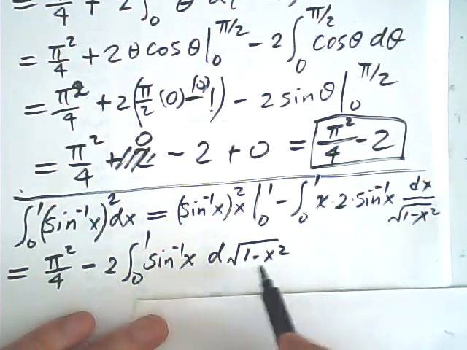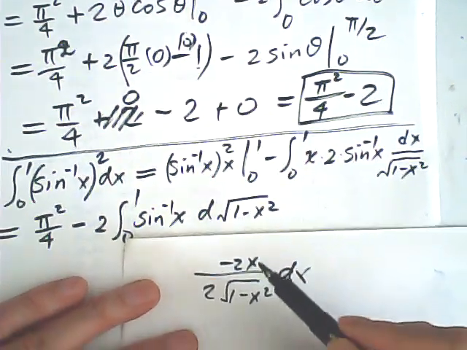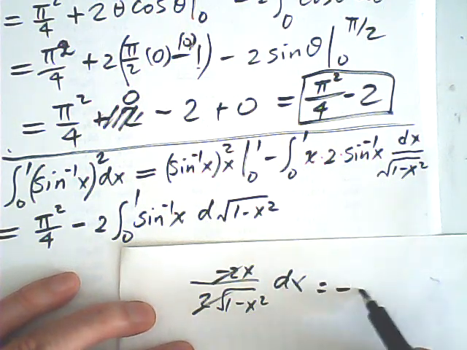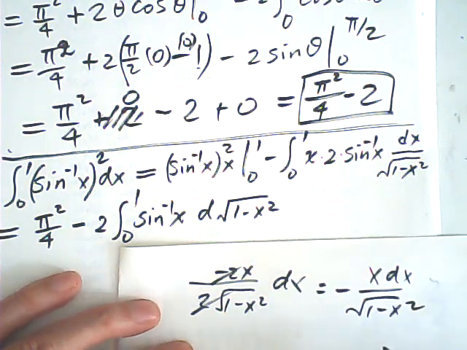This derivative with respect to x is equal to minus 2x dx, and 2 cancels out, equal to negative x dx over square root of 1 minus x squared.